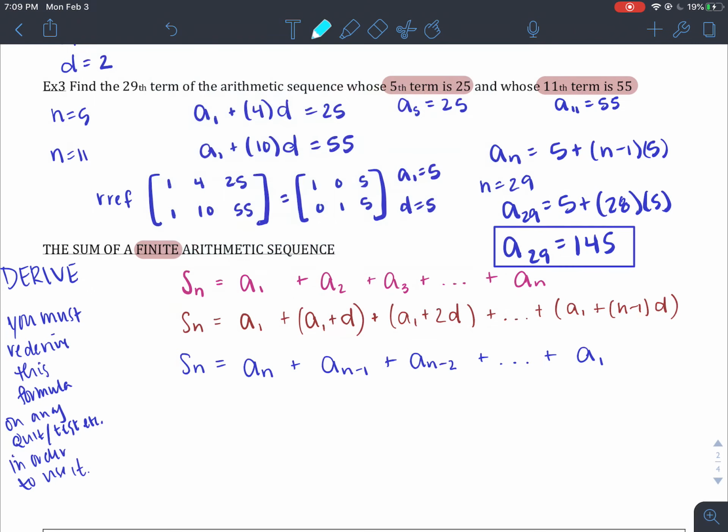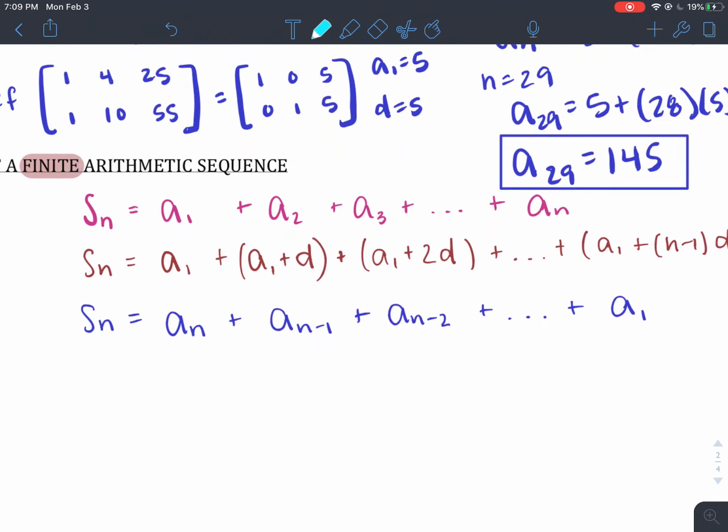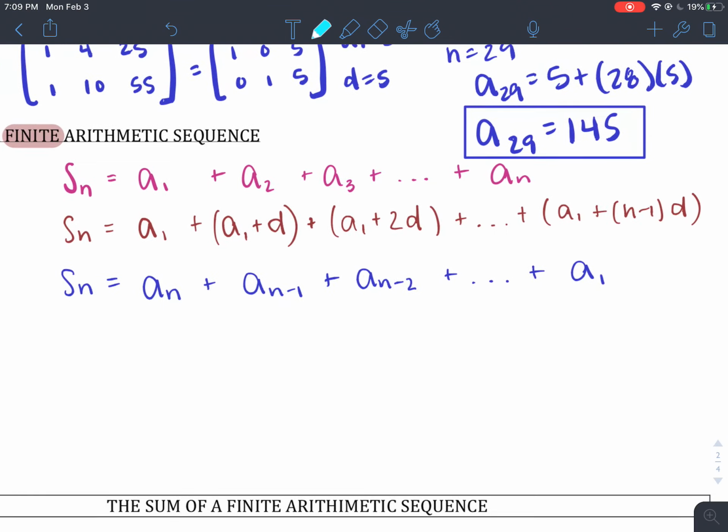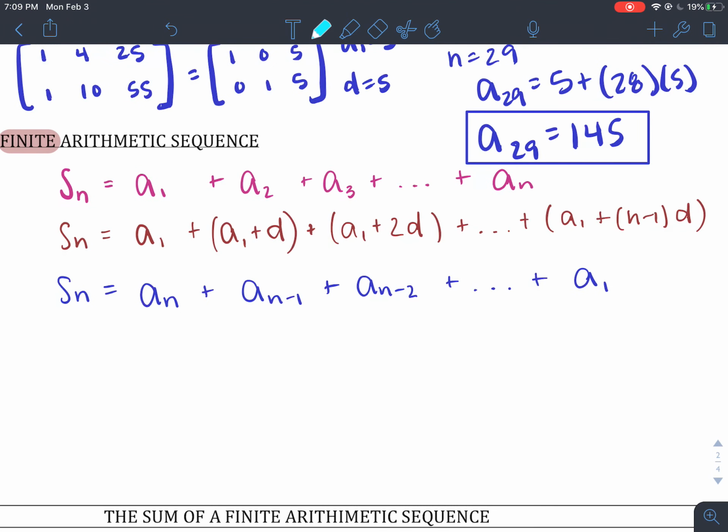And just like we did before, I'm going to tweak this slightly, in a very similar way, but a little bit different. We said we could rewrite a sub 2 as a sub 1 plus d, because we took the previous term and added our common difference. I'm going to take that same idea and think about it in a slightly different way. So I'm going to start with a sub n, same as always. But for a sub n minus 1, to go backwards in my sequence, I don't want to add d.